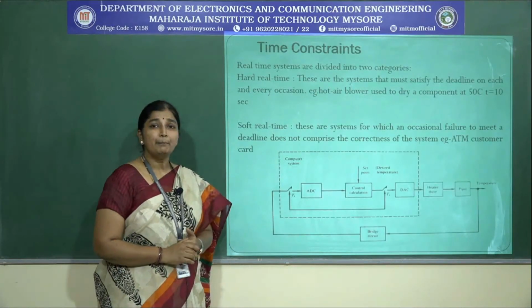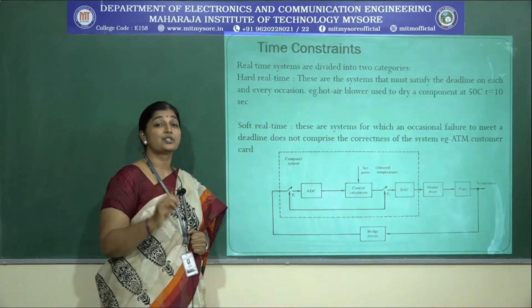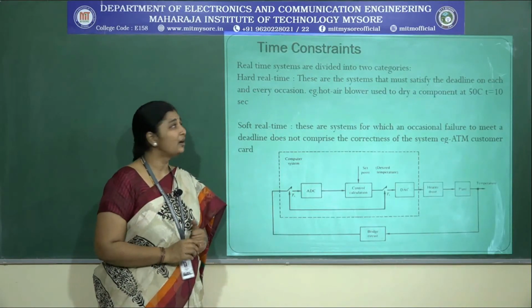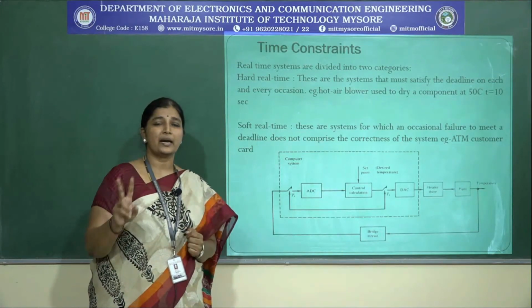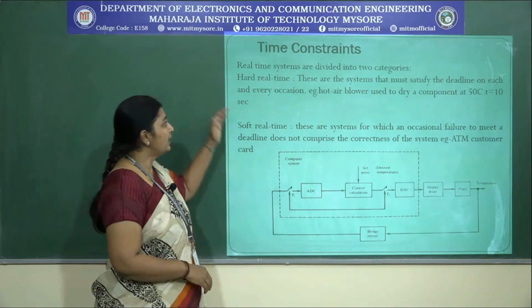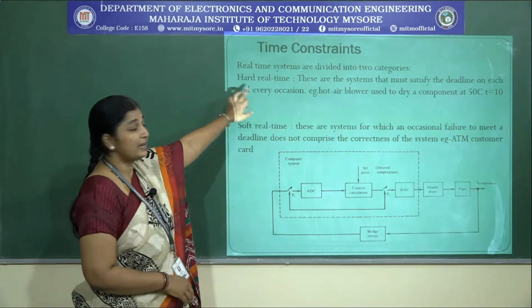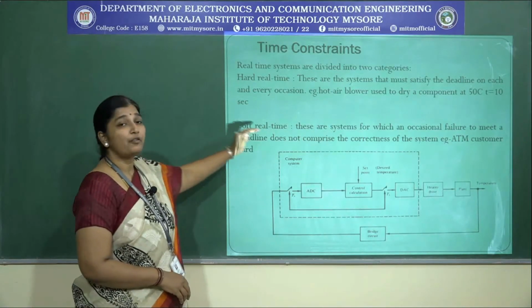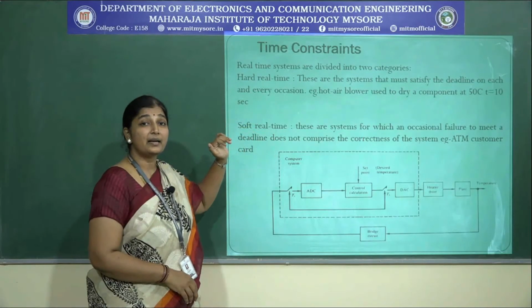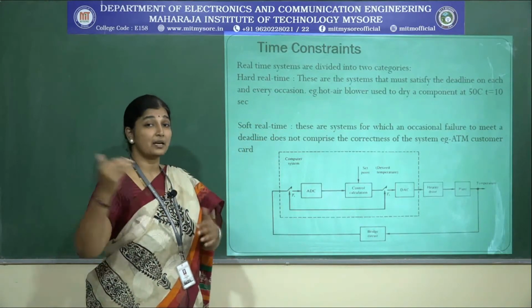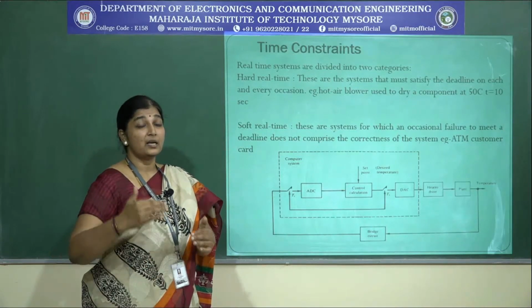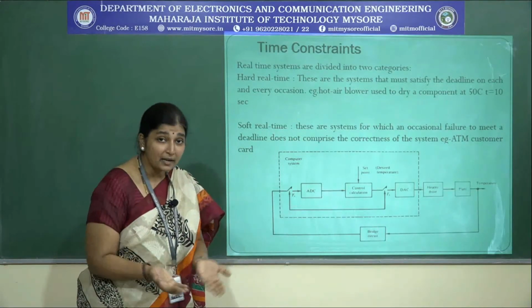Next, coming to the important logic, which is called the time constraints. Real-time systems are basically divided into two major categories. One is hard real-time, and another is soft real-time. What is hard real-time? It is like a hard bound. You have to follow it, else there will be a problem, some issue in the system itself.